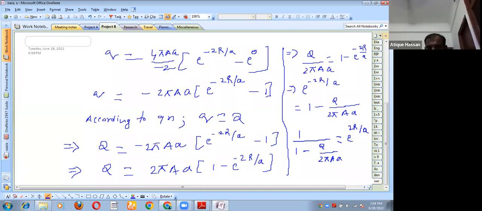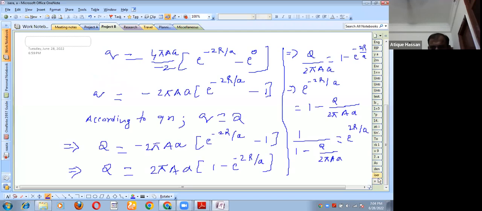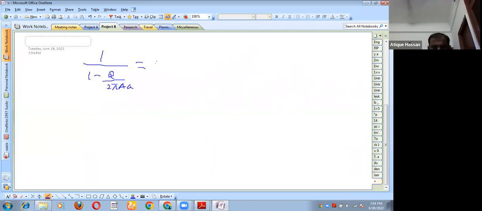So now from here, if any exponential power is eliminated, that becomes log. So what will be the value of 2r by a? Here we have 1 by 1 minus Q by 2 pi a into small a, that is equal to e to the power 2r upon a.